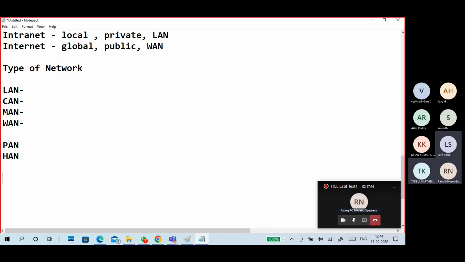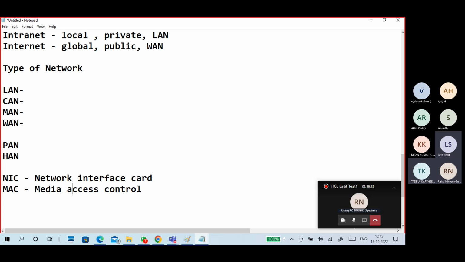Okay, so what is NIC? Network interface card. And what is MAC? Media access control.